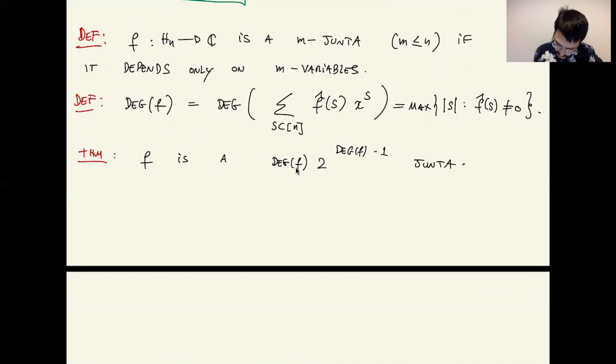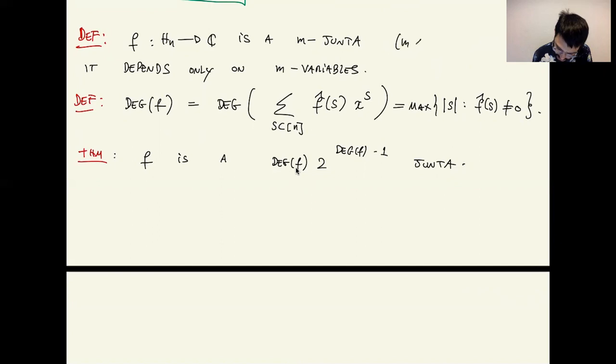So maybe I should drop this thing here. If a function depends on n variables, then it depends on m variables for m greater than n, and well, that doesn't make any sense.